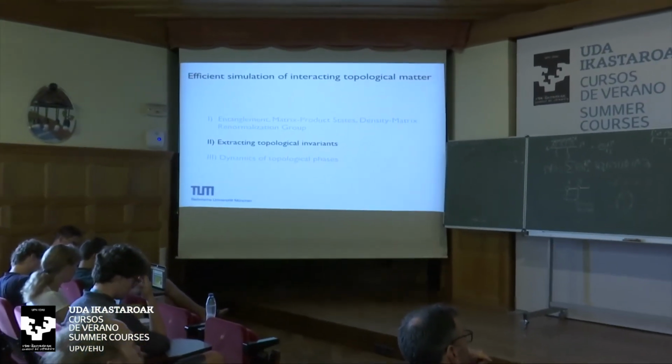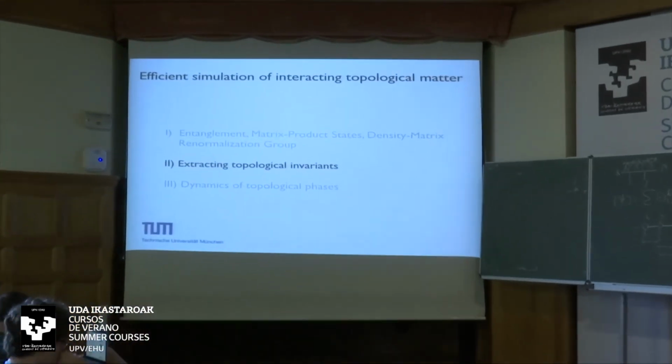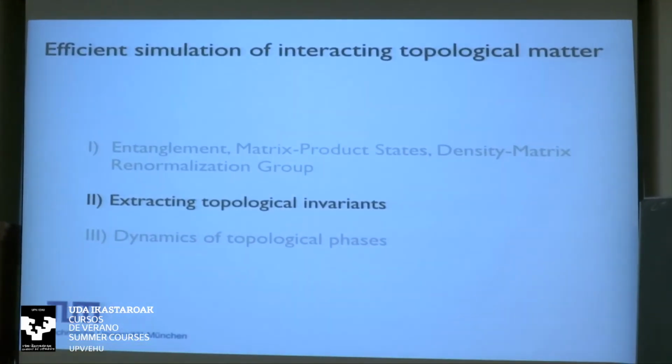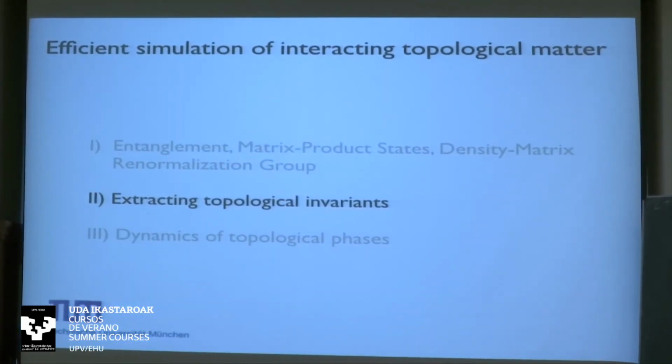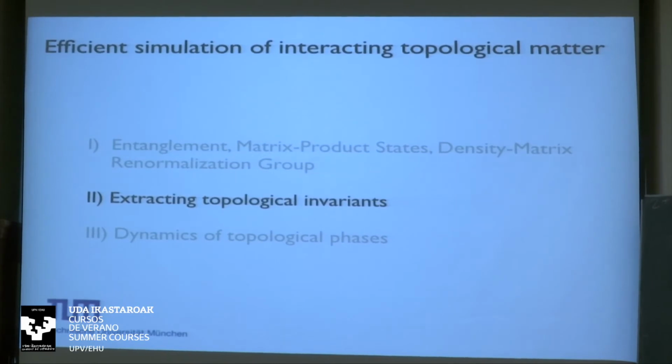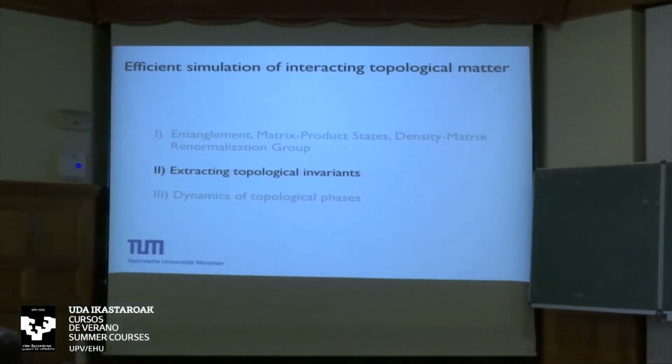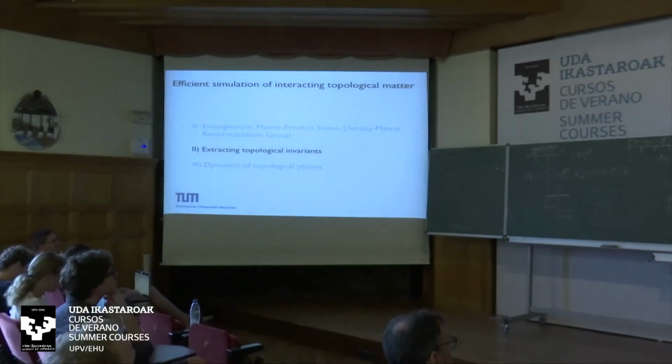I discussed two algorithms, namely time-evolving block decimation and the density matrix renormalization group, as two algorithms that allow us to work in this manifold of matrix product states to find good approximations of ground states.